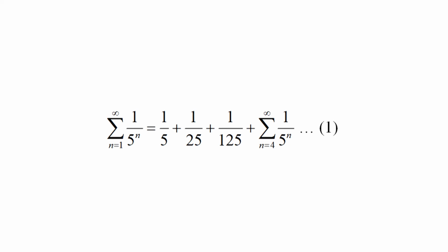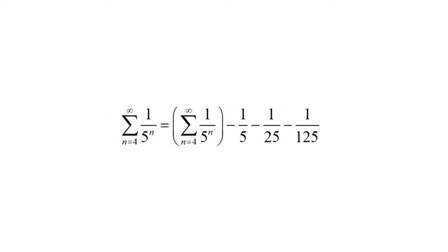Since the geometric series summation 1 upon 5^n from 1 to infinity equal to 1 upon 5 plus 1 upon 25 plus 1 upon 125 plus etc. converges, the series summation 1 upon 5^n from 4 to infinity, equal to summation 1 upon 5^n from 1 to infinity minus 1 upon 5 minus 1 upon 25 minus 1 upon 125, obtained by deleting the first 3 terms of the series, converges.